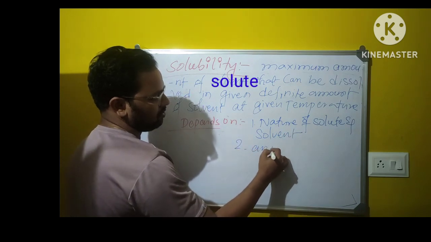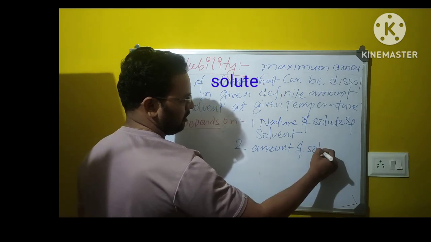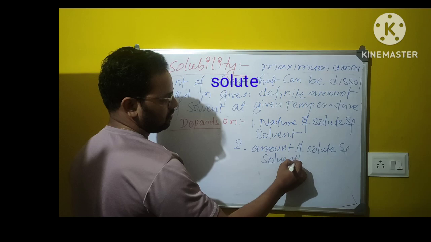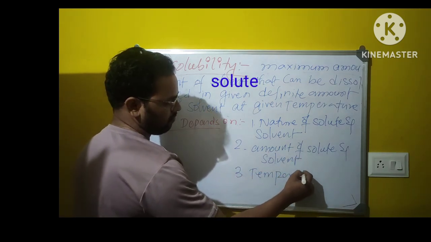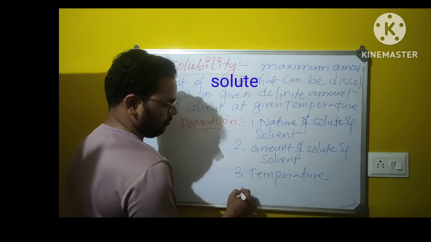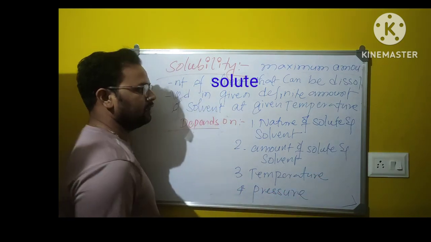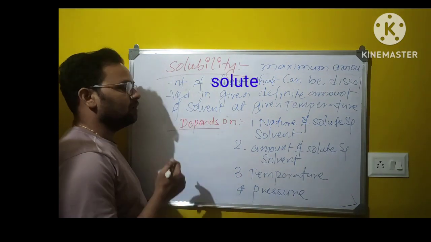Second, the amount of solute and solvent. Third, temperature. Fourth, pressure. Now, how do these four factors affect solubility?